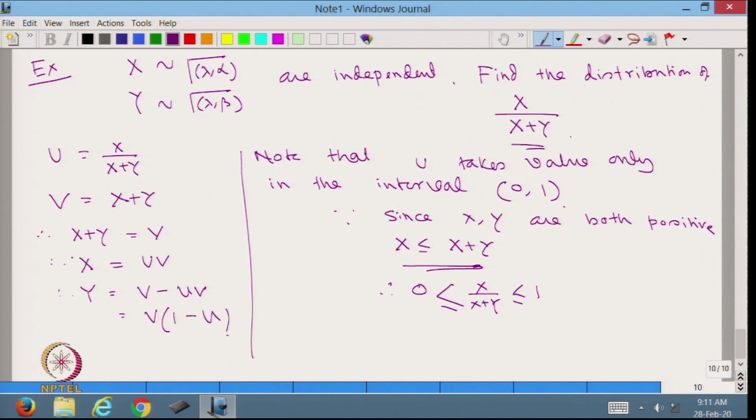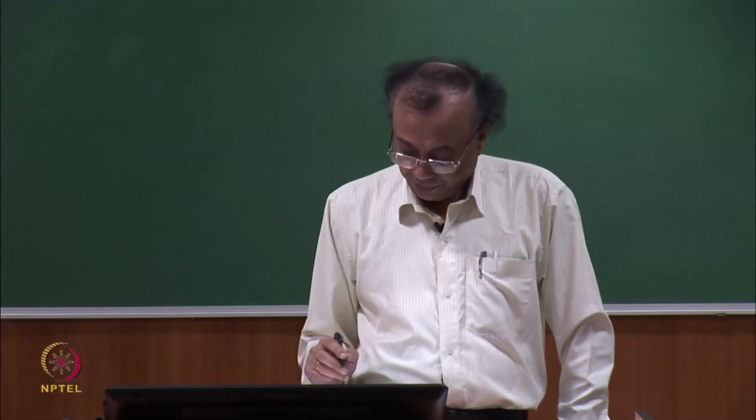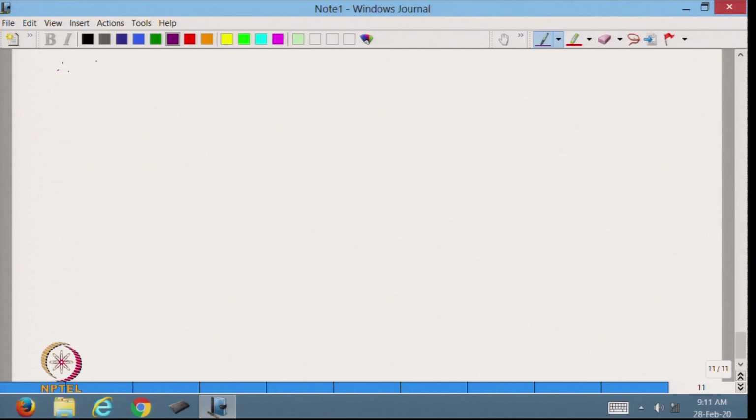This is important because this is the inverse transformation from u v to x y. Therefore, x is equal to u v, y is equal to v into 1 minus u.